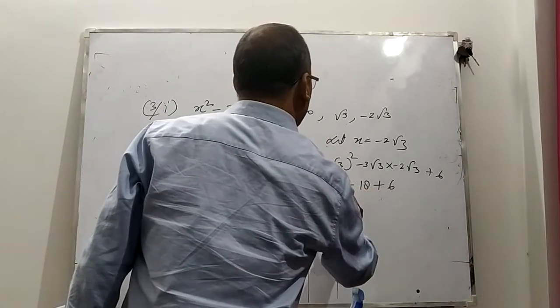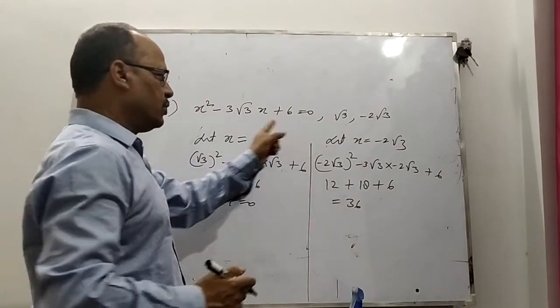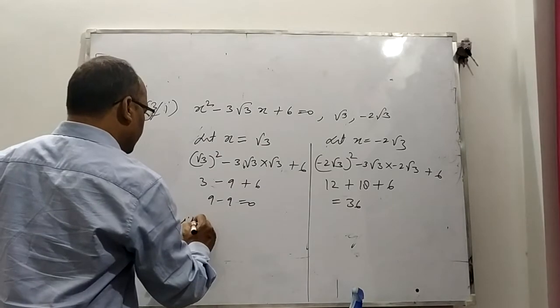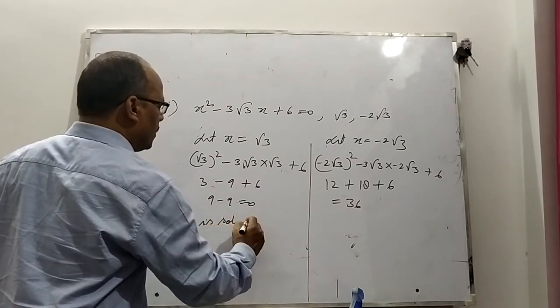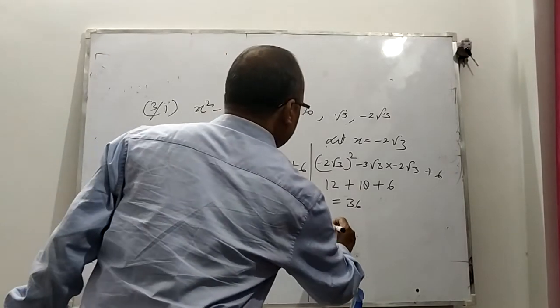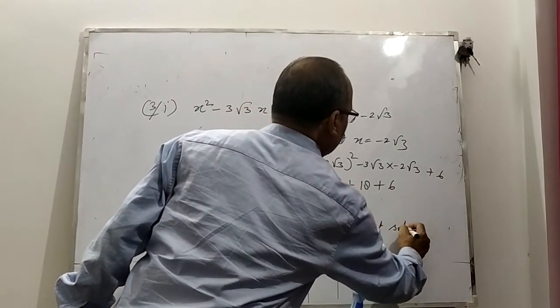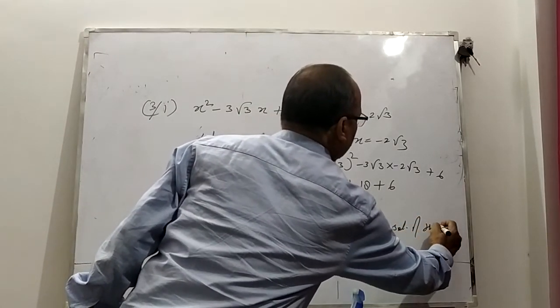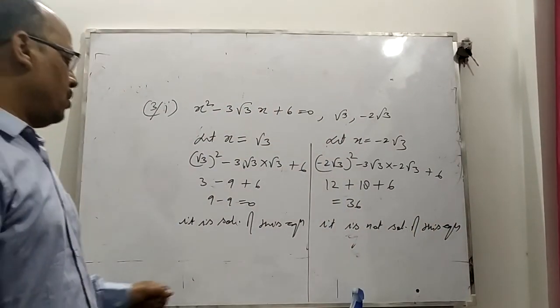Okay, now it will be 36. So it is not a solution of this equation. So it is a solution of this equation, or it is not a solution of this equation. Is it clear? Okay.